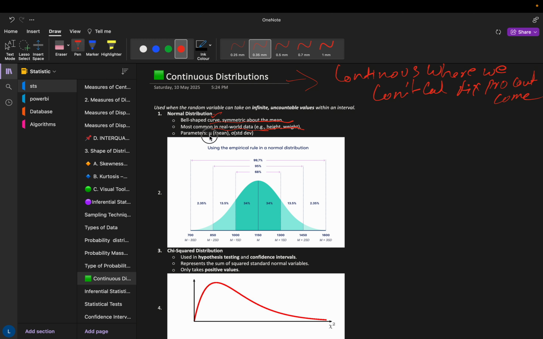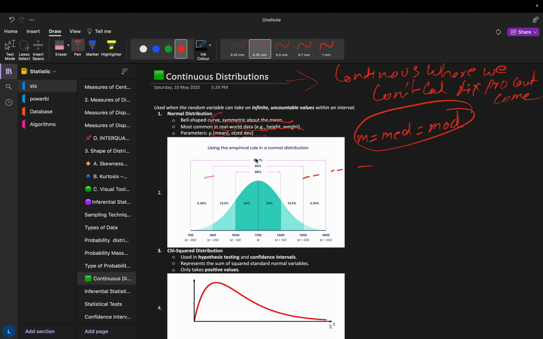Well, speaking about the parameters, here we have mu and the standard deviation. In normal distribution normally the mean is equal to median is equal to mode, means most of the data is surrounded around the center, and less as you move far away.